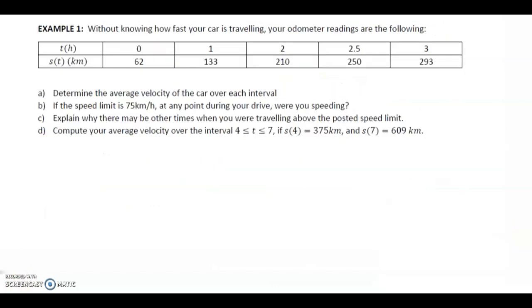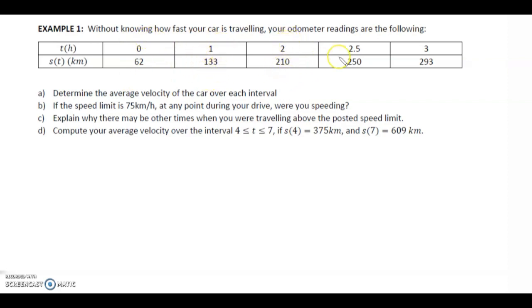Example 1. Without knowing how fast your car is traveling, your odometer readings are as follows. So maybe while you were traveling, you took a look and you said, okay, it's been 1 hour, I went 62 kilometers. Or sorry, 0 hours, that would be the start. At 1 hour, I'm at 133.